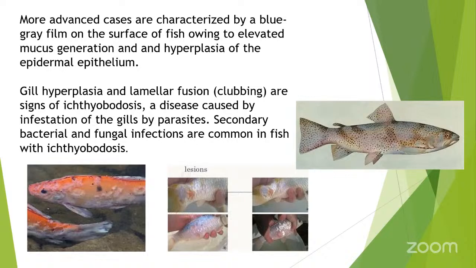Gill hyperplasia and lamellar fusion are signs of ichthyobodosis, caused by infestation of the gills by parasites. Secondary bacterial and fungal infections are common in fish with ichthyobodosis. This is how the infected fish look.